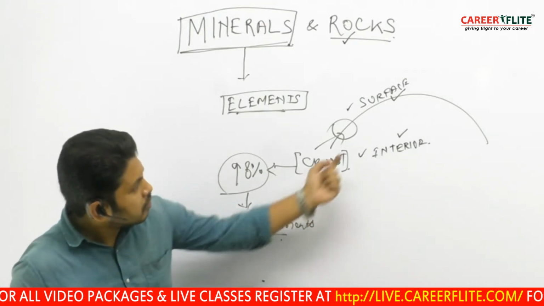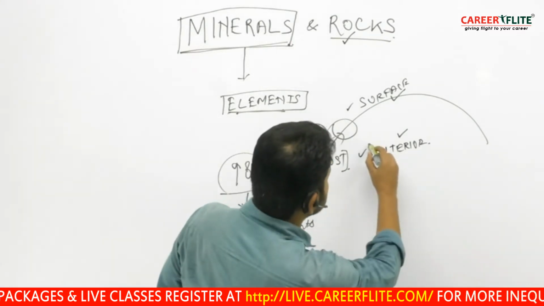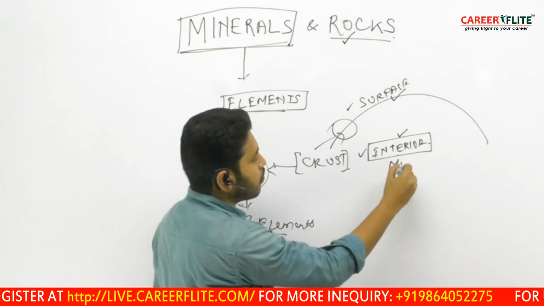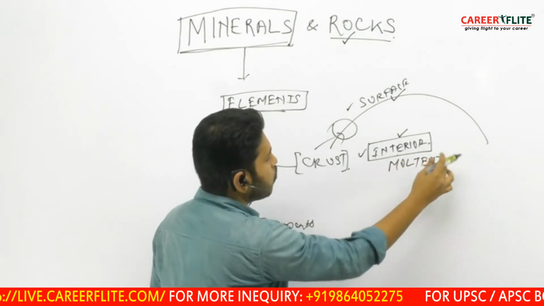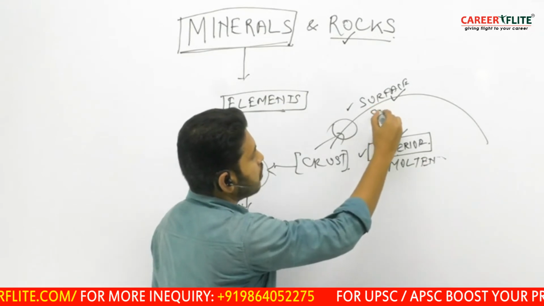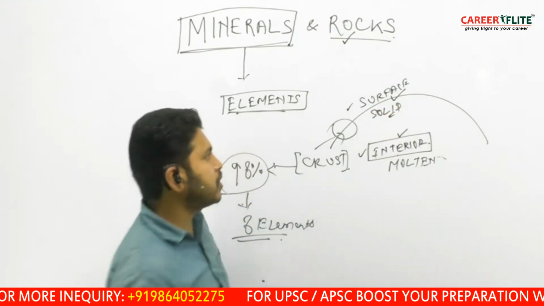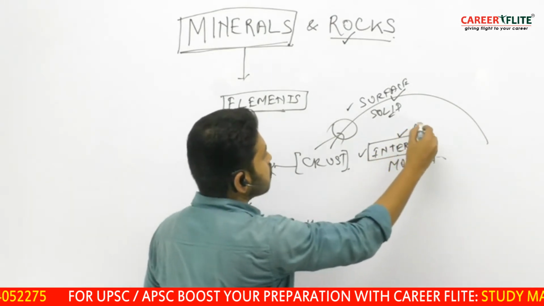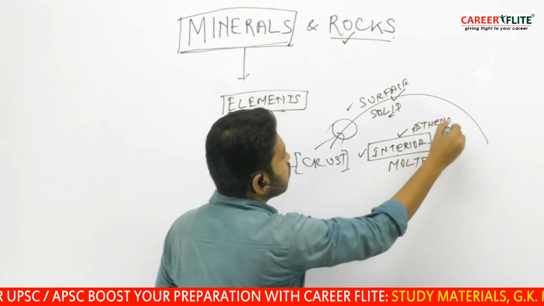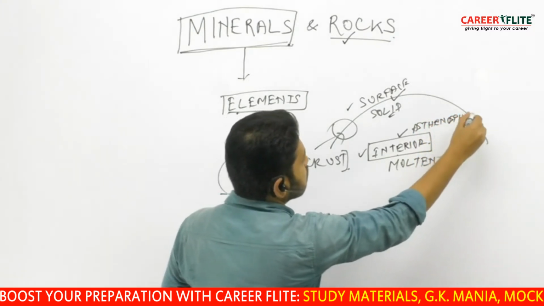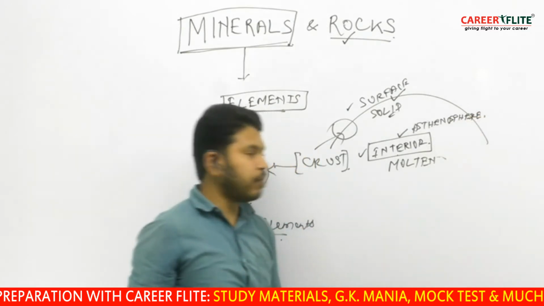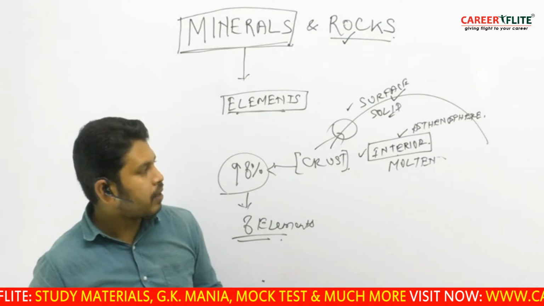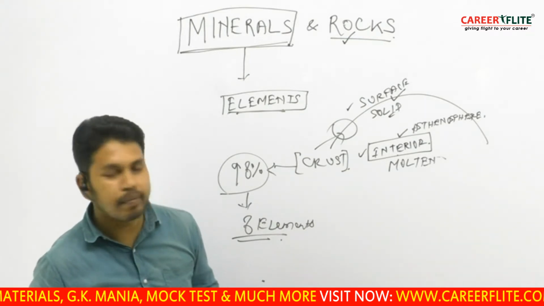Before going to that, just know that in the interior part of the earth, the elements are in molten form, and at the surface they are in solid form, because the temperature is low at the surface and high in the interior, especially in the asthenosphere, where we can find lava and magma. The asthenosphere is the upper, weak part of the mantle, where we can find magma in molten form, and the elements or minerals present there are in molten form.